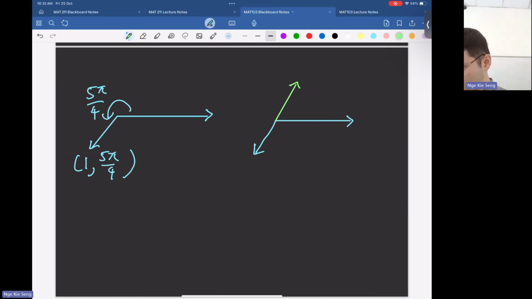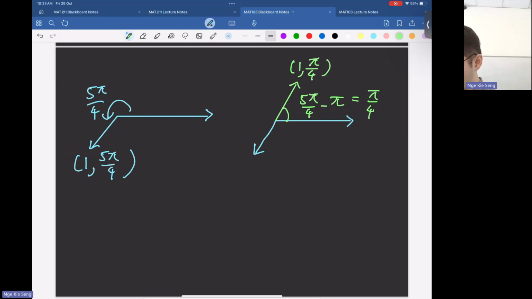So how can you imagine this point here? If you imagine it as the opposite of the point on the same straight line, what's the angle we should get here? This angle should be 5 pi over 4 minus pi, which is pi over 4, with the same radius here.